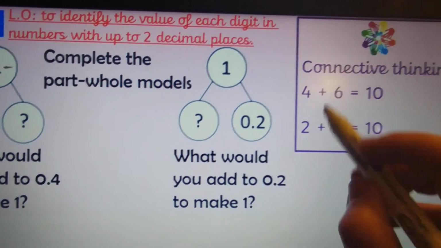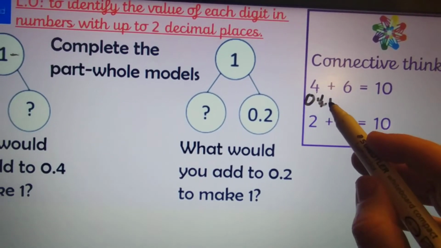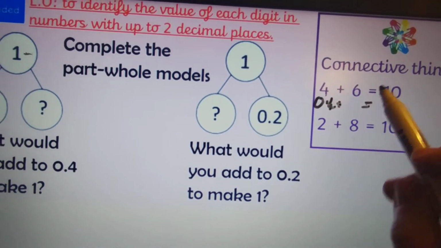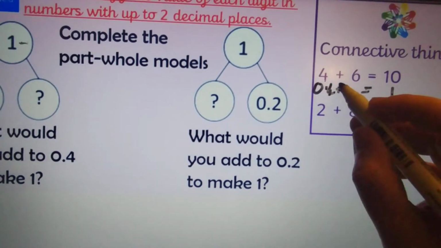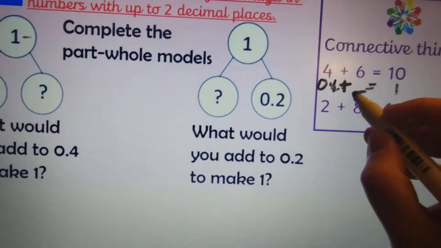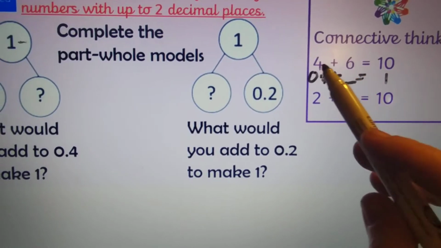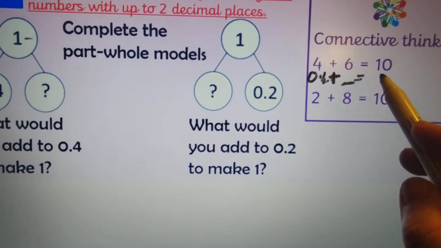So our number is 0.4. And our total is 1. So we can have a look at our connective thinking here. So we've got 0.4 add something equals 1. 4 add 6 equals 10 is our connective thinking fact.